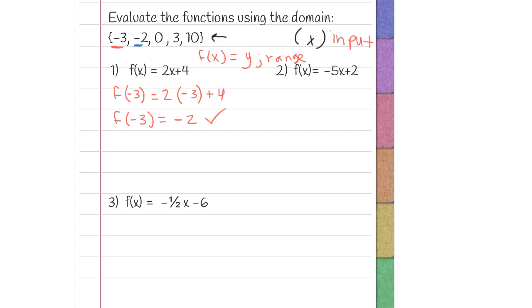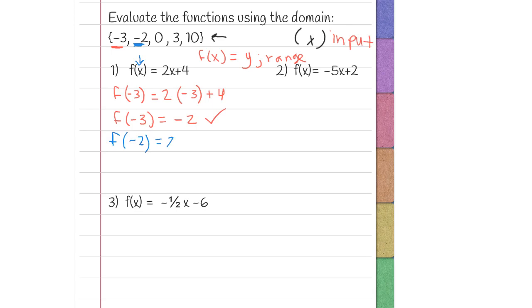So now let's do -2. So we're going to do f of -2 because now I'm not putting the x. I know what x is. They want me to find the f of -2. So that is my input. I'm going to put that inside the parentheses. Think about this. Inside parentheses, input, okay?